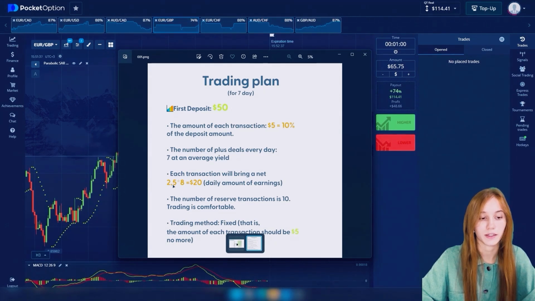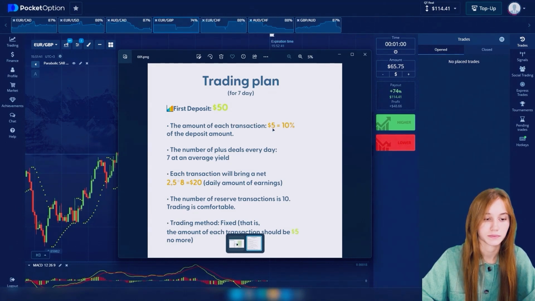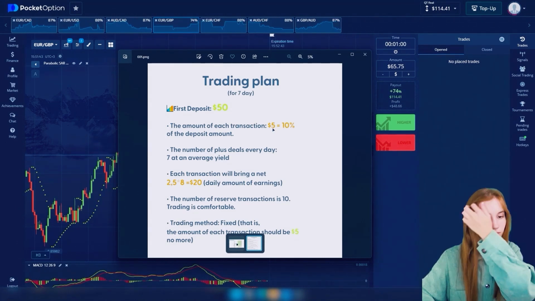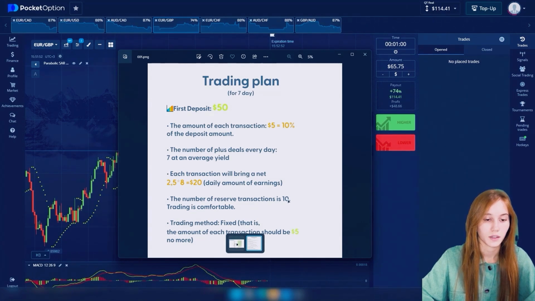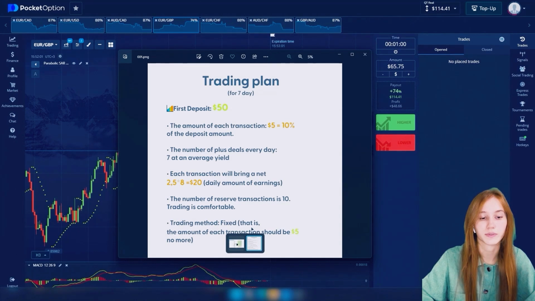And by that you'll increase your balance. So it's a fixed method of trade. Each deal should be no more than $5 to clearly understand your trading plan.